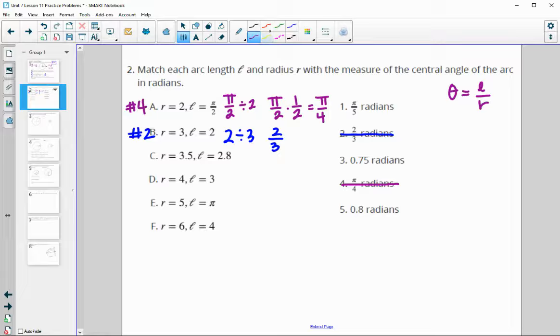Number 3, we would do 2.8 divided by 3.5, and you're going to get 0.8 for this. So that's number 5. D, arc length 3 divided by radius 4. So 3 divided by 4 is 3/4 or 0.75. So that's number 3.